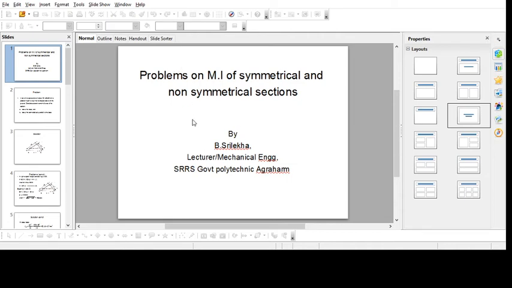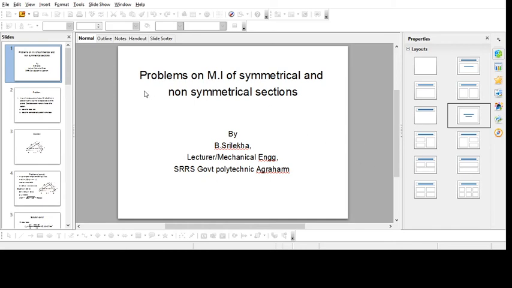Similarly, Iy2 means d2 b2 cube by 12 plus a2 into h2 square. Similarly, Iy3 means d3 b3 cube by 12 plus a3 into h3 square. So likewise you will be calculating Iy1, Iy2 and Iy3, just substituting them. So Iyy is equal to this entire thing in the brackets: this is Iy1, this is Iy2 and this is Iy3.